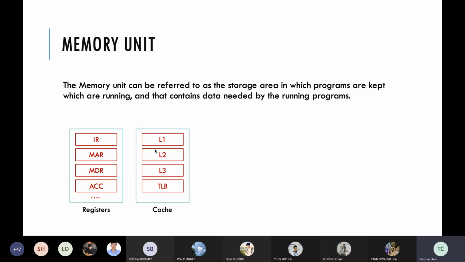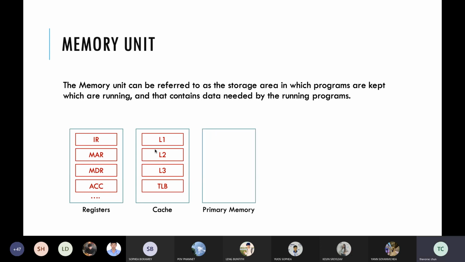But anyway, they are very close to the CPU. They are used to improve the performance of the program, because cache is something that stores frequently used data or maybe frequently used instructions so that it can improve the performance of the program.